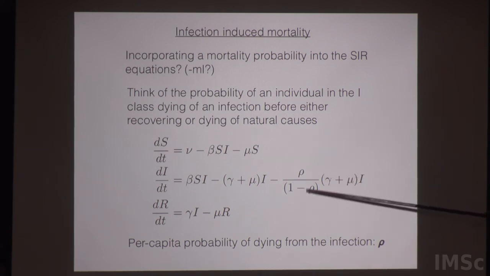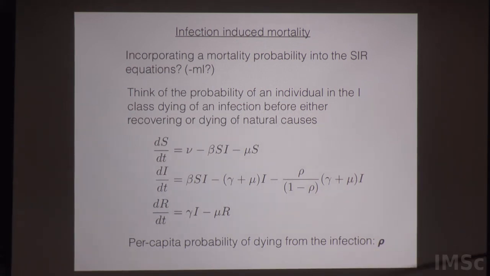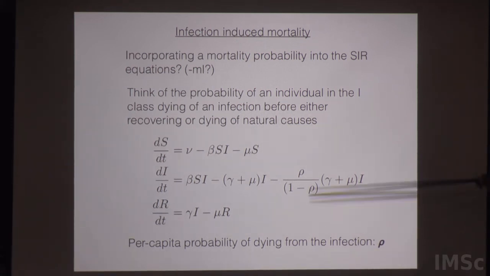So this rho into 1 minus rho term determines the fraction of infecteds that actually goes and dies and is removed from your population. With these equations, you can check that the number of people doesn't remain constant anymore, the initially chosen value of N, because I have now allowed people to leave from this particular class.